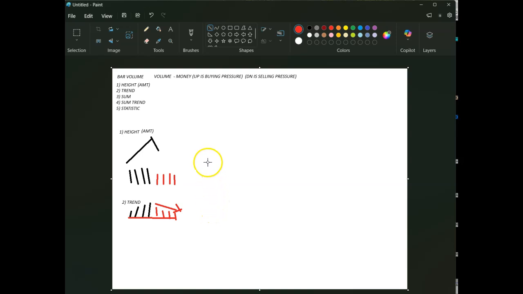Also, one very important thing, when you have a change of character, what they call CHoCH, right? If you have that, be wary, because when you have a change of character, it should be either heavy or it should be increasing.